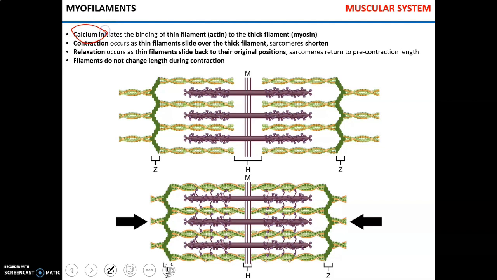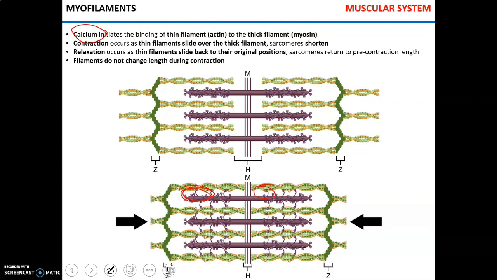Calcium, an ion that is critical for initiation of the contraction process, binds to the protein troponin. Binding calcium to troponin through several steps causes the binding of heads of the myosin right here and right here to thin filament.